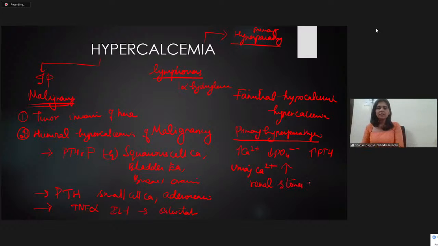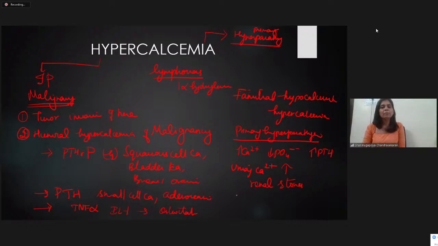It is because the blood calcium is so high, so the filtered load of calcium is so much that even after reabsorption of calcium, the calcium that is present in urine is still high. That is why they present with renal stones. So don't expect urinary calcium to be less in primary hyperparathyroidism. Urinary calcium is high in primary hyperparathyroidism.